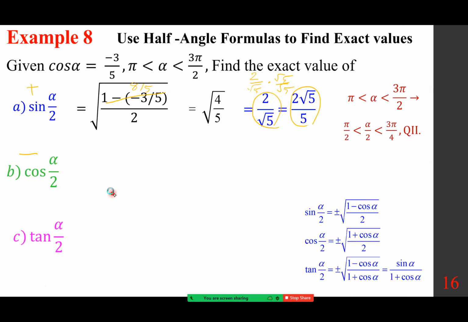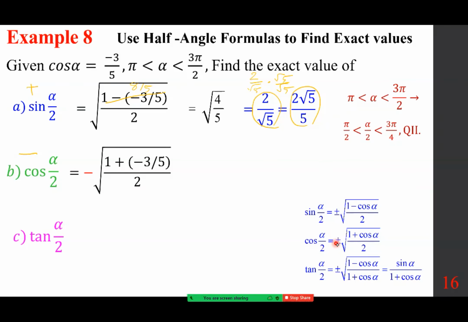For cosine, I'm going to use the negative sign, minus the square root of 1 plus cosine alpha over 2. I'm going to use this one with the negative because we established in the second quadrant cosine is negative. And square root of 1 plus negative 3/5 divided by 2. And I put a negative sign with a different color to emphasize that I'm using the negative one.